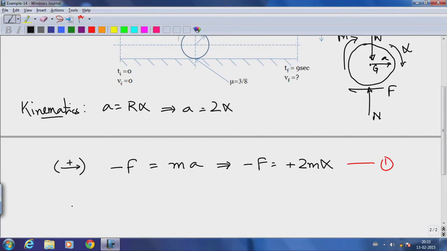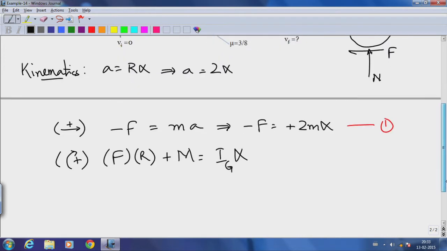Now, taking clockwise moments positive, the only force that causes a moment is F, and that causes a moment F times R plus M equals Ig times alpha.